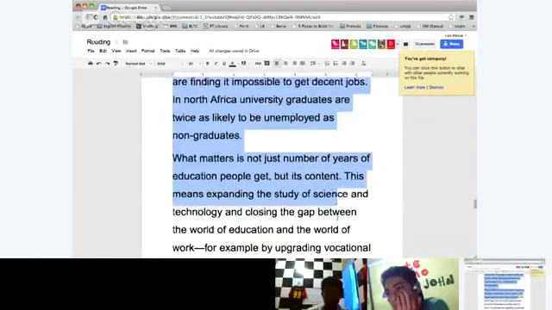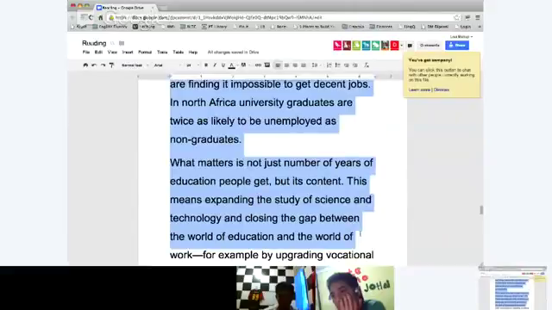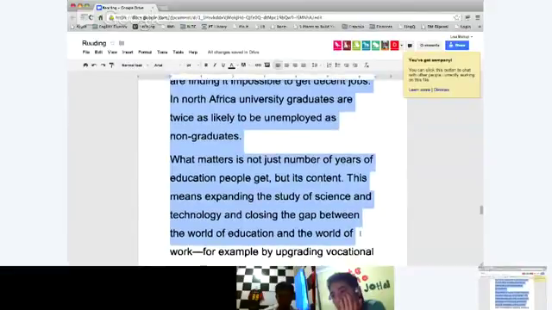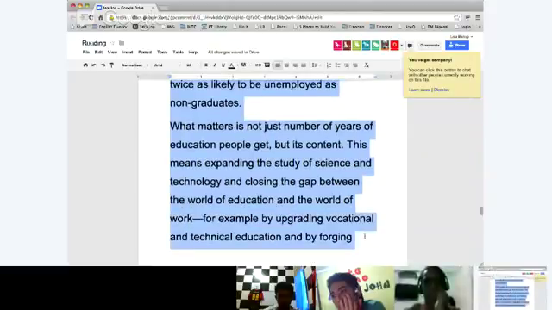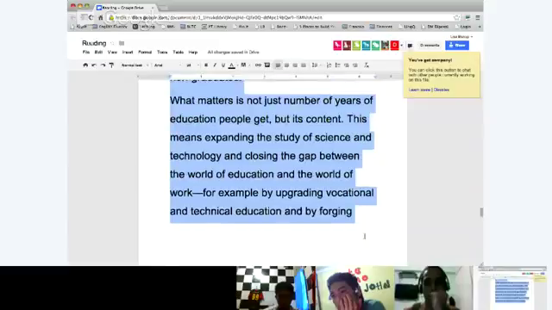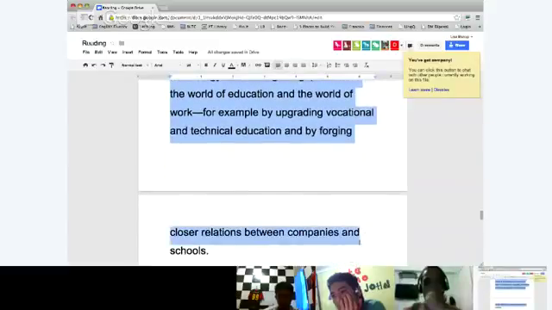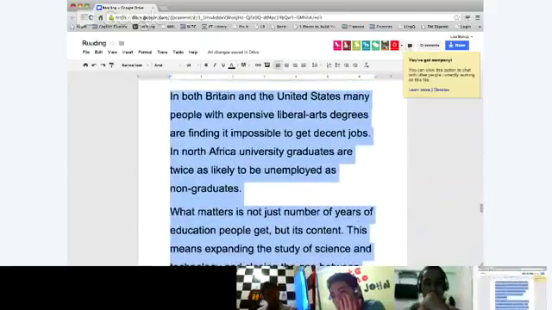This means expanding the study of science and technology and closing the gap between the world of education and the world of work. For example, by upgrading vocational and technical education and by forging closer relations between companies and schools.